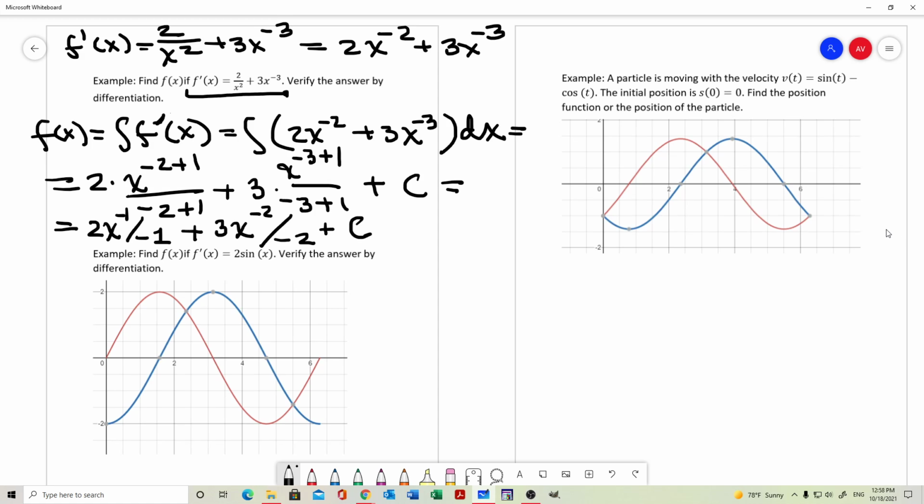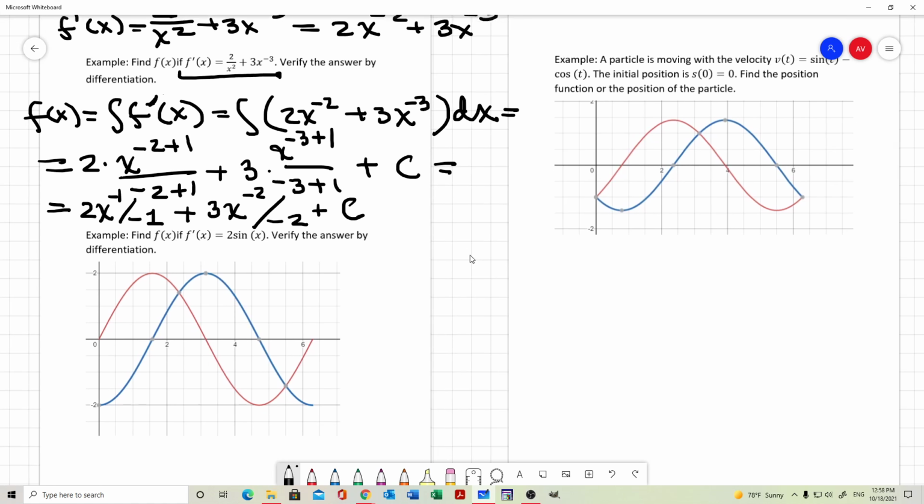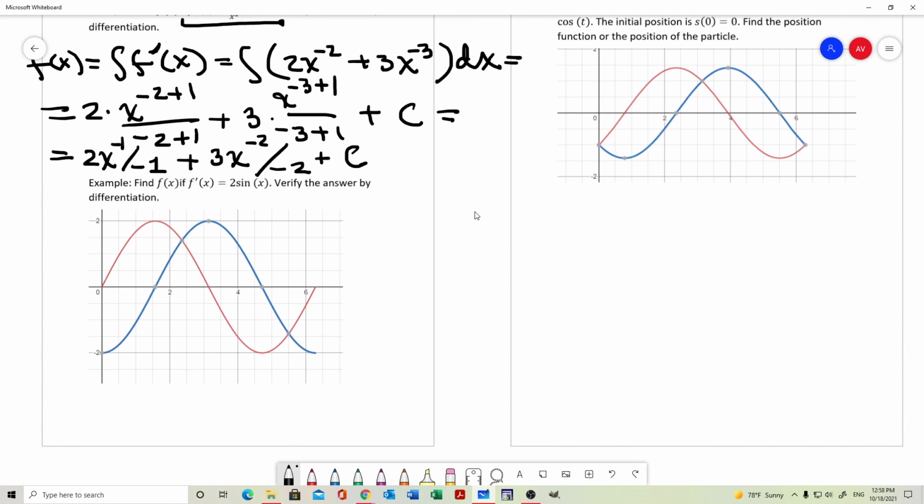Another example. Again, we have a function f prime of x equals 2 sine x. The red curve.